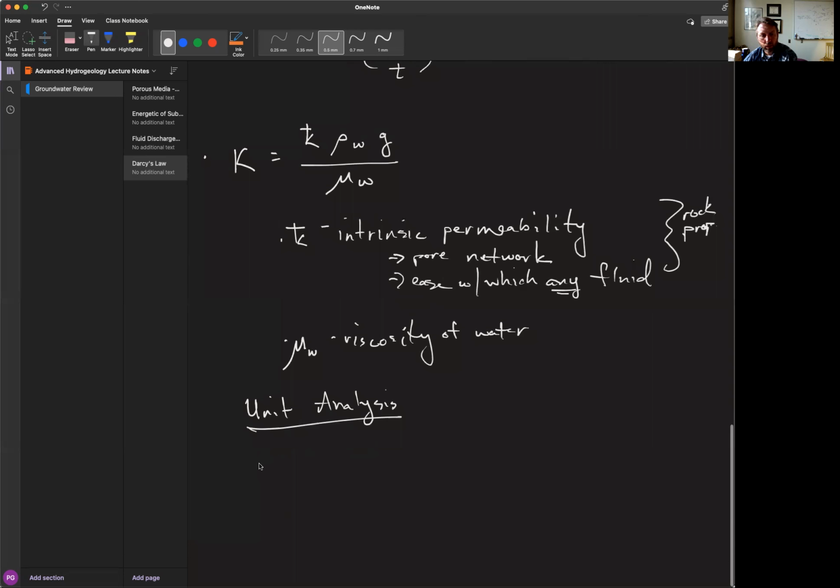So we know K has the units of length over time. Rho sub water is mass per length cubed.